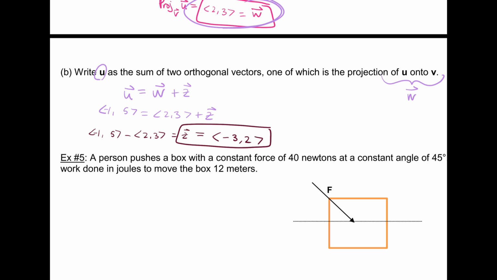So my last vector I'm going to name Z, and I have to solve for it, because I know what my original vector is and I know what my projection vector is.